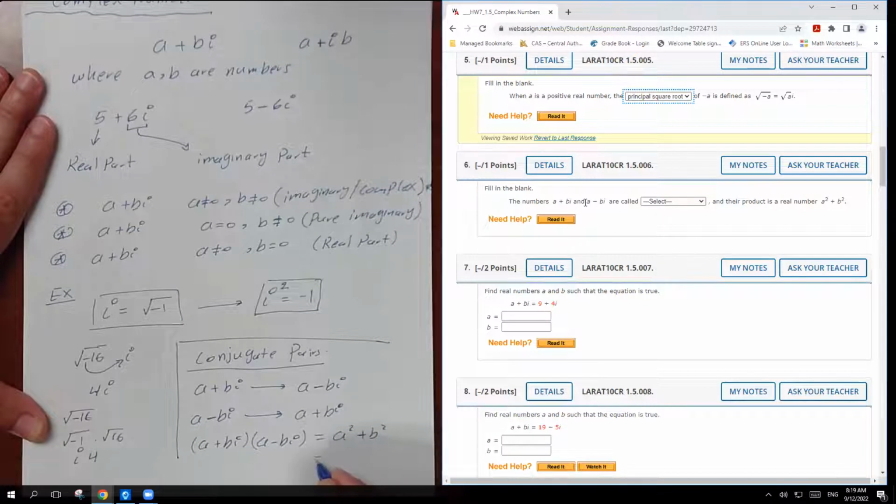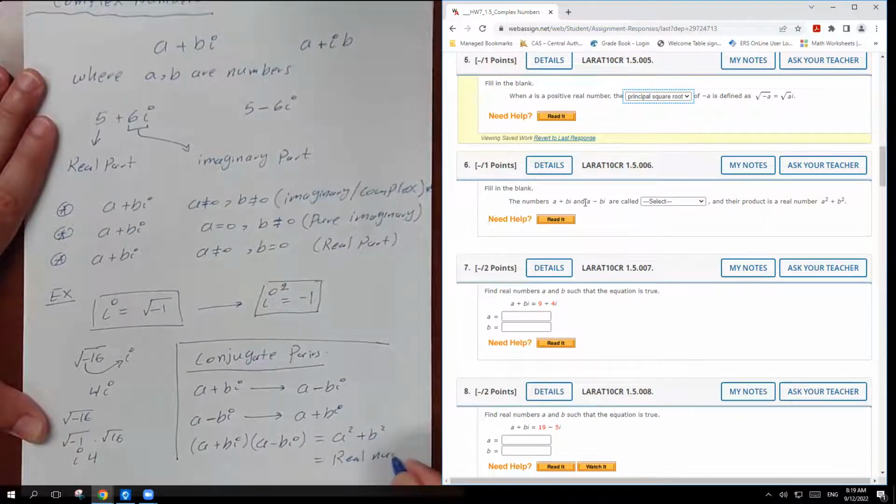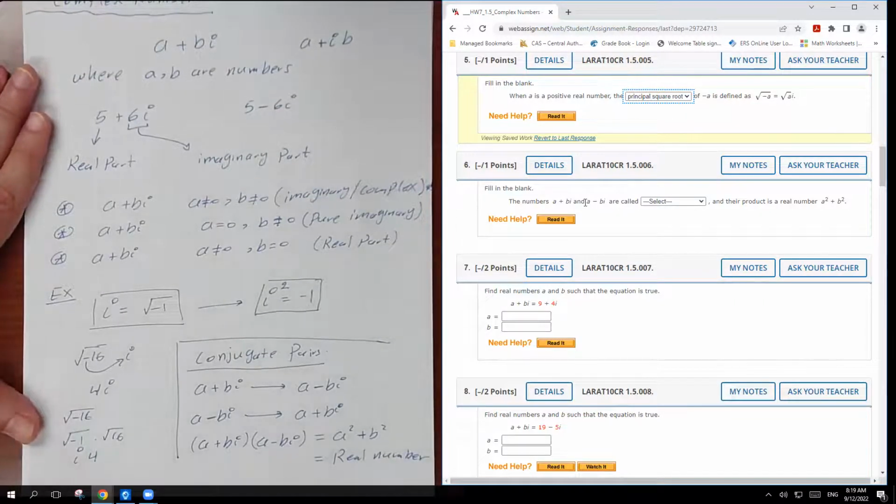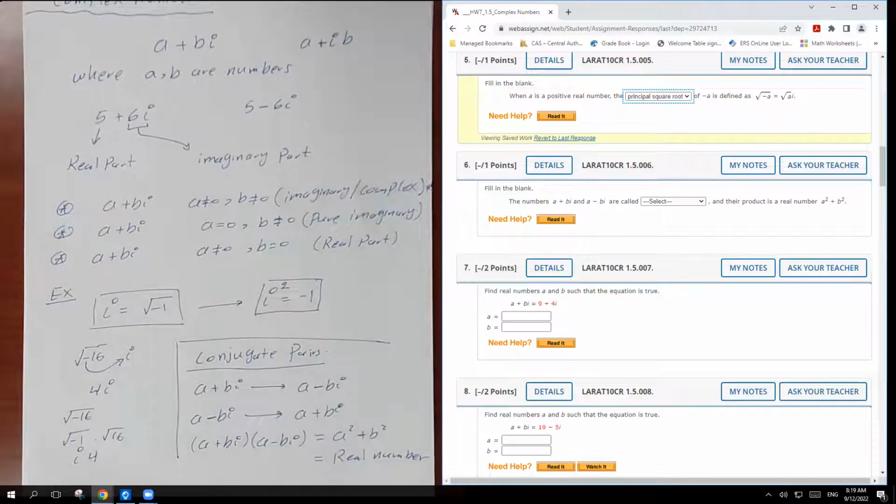That means when you multiply conjugate pairs by each other, the result is going to be a real number. So the numbers a plus bi and a minus bi are called conjugate pairs. That's it for this example.